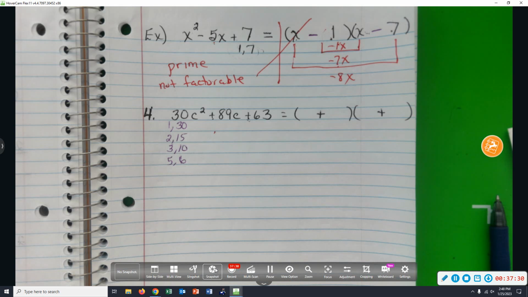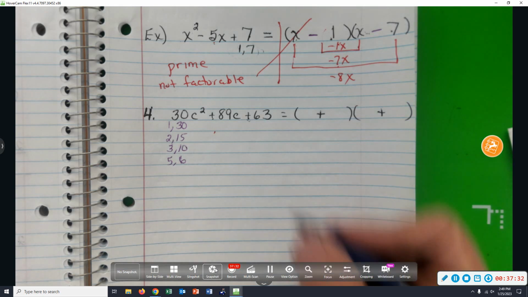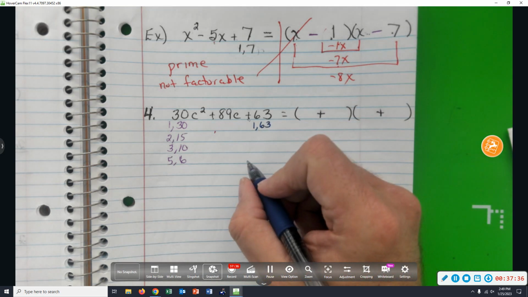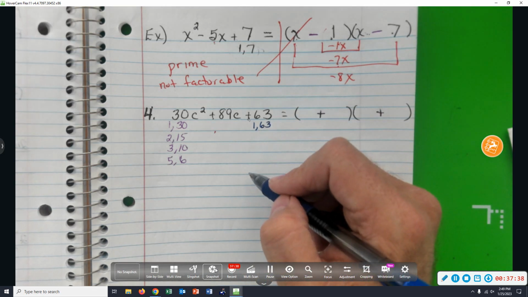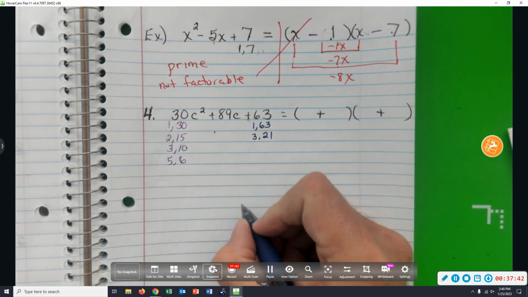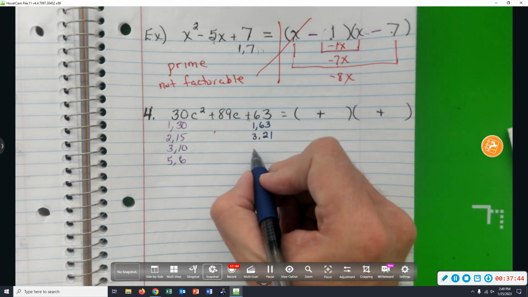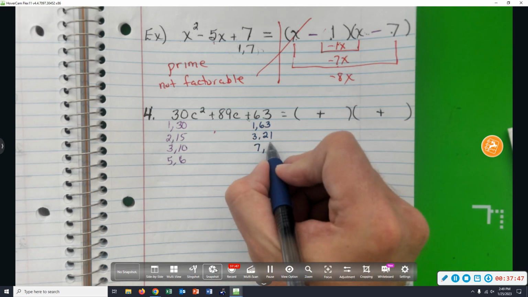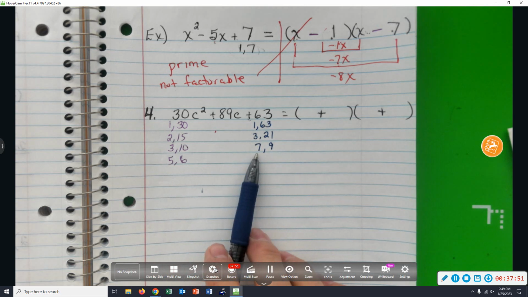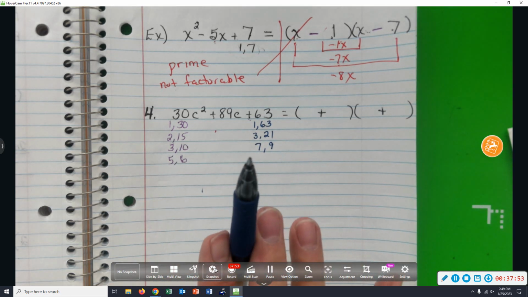What about numbers that multiply together to give 63? Well, 1 and 63. 2 doesn't divide into 63. What about 3? 3 and 21, and 7 and 9. Usually the numbers that are closest together work, but there's no guarantee of that.